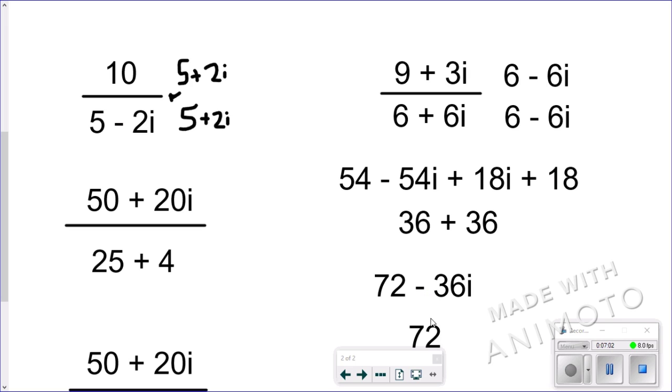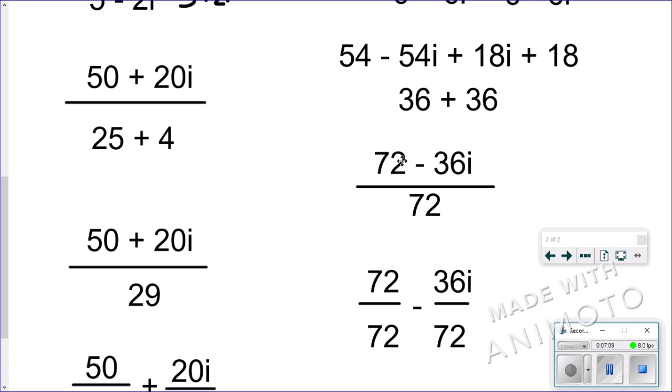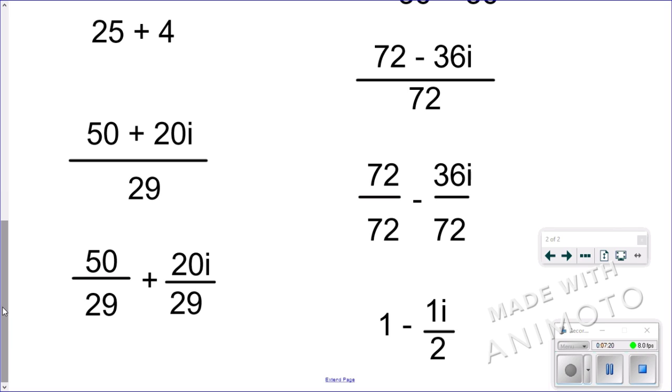So here you'll see an example of how we can simplify it down even further. The 72 minus 36i over 72 can get rewritten as 72 over 72 minus 36i over 72, and then we can simplify each term. 72 divided by 72 is 1. Minus 36i divided by 72 would be 1/2 i, or i over 2.